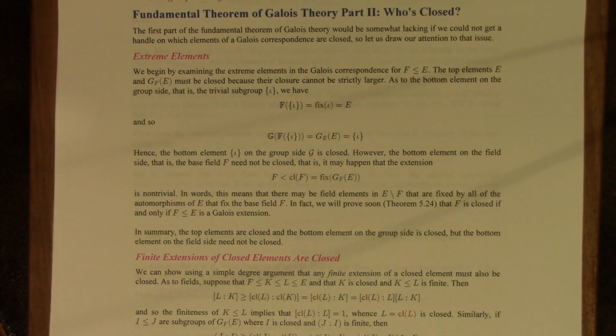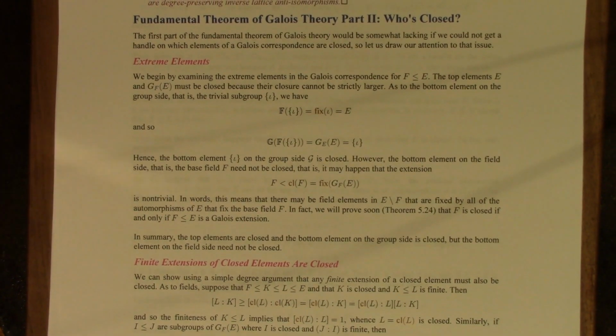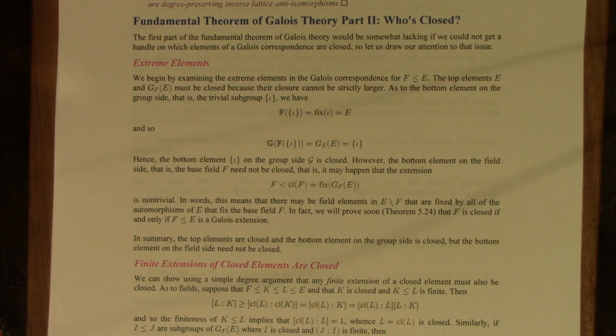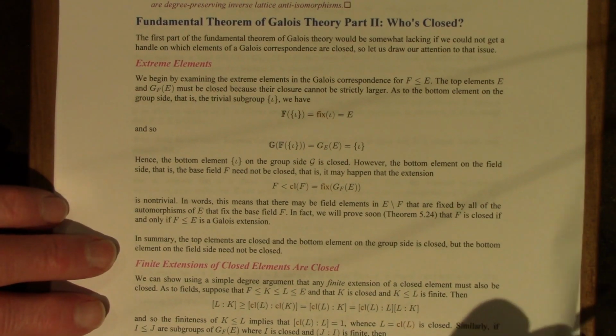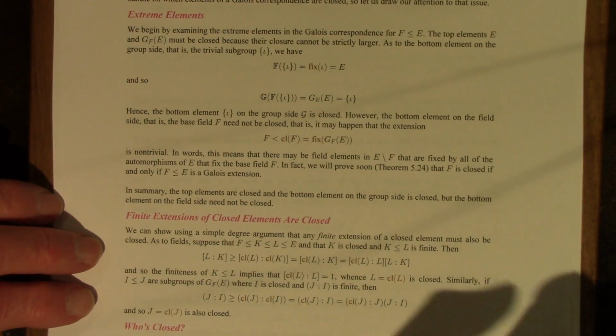Let's now take a look at what I'm referring to as part 2 of the fundamental theorem of Galois theory, who's closed. The first part of the fundamental theorem would be somewhat lacking if we couldn't get a handle on which elements of the Galois correspondence are closed. So that's what we want to look at now. First, let's examine the extreme elements of the Galois correspondence.